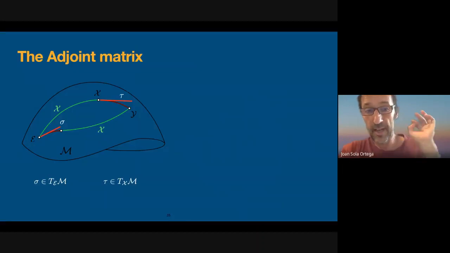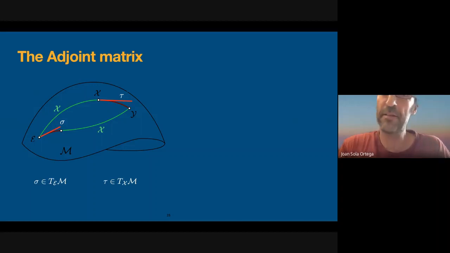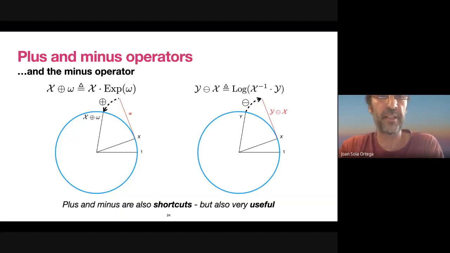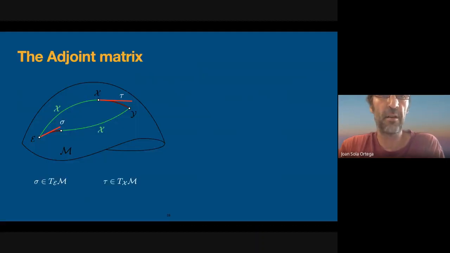Before entering calculus, because now we have plus and minus, calculus is going to be there very, very quickly. So from the plus and minus operators that you see here, let me introduce a new element of Lie theory, which is a little bit abstract, but imagine you have a manifold M. This is a smooth surface, whatever.